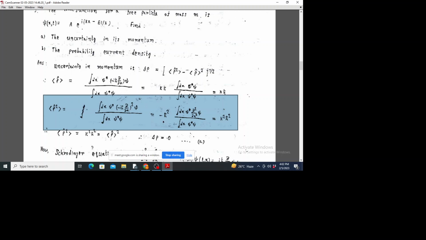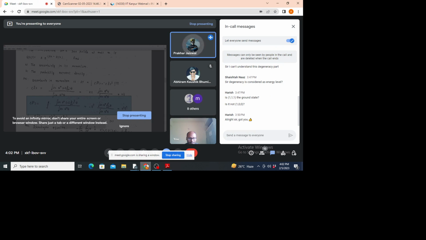This is nothing but minus h cut square multiplied by del squared by del x squared. Sir, one question. In the equation of the p operator, you have it divided by the integral of dx psi star psi. Is that for normalization? Yes, it's for normalization.